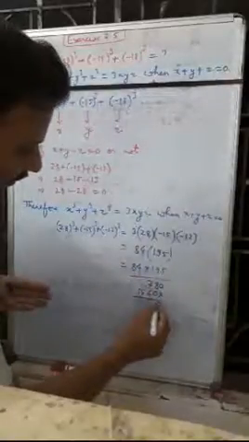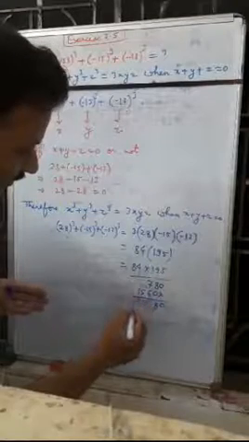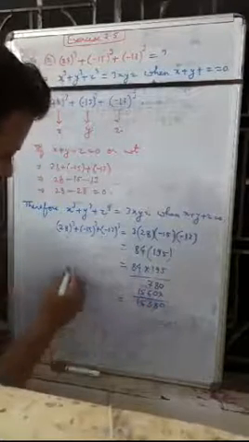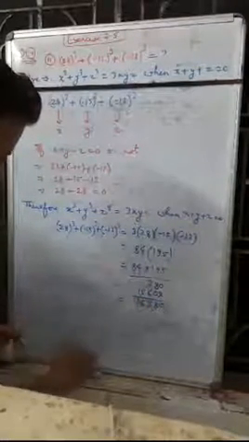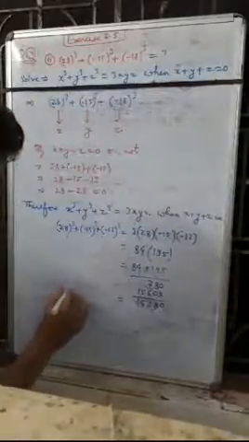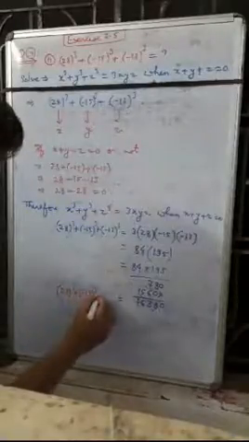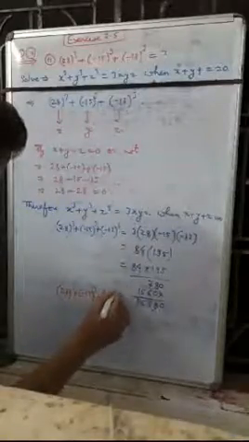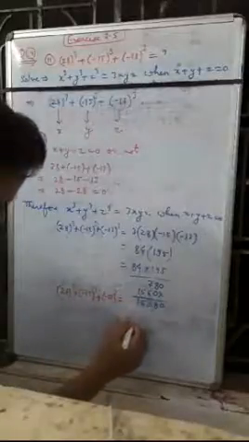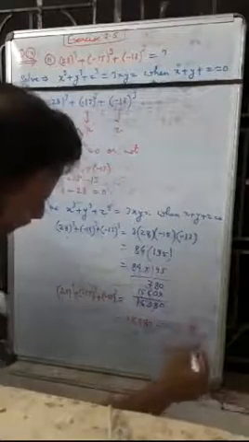The value of 28 whole cube plus minus 15 whole cube plus minus 13 whole cube is equal to 16380. It is the answer of the given problem.